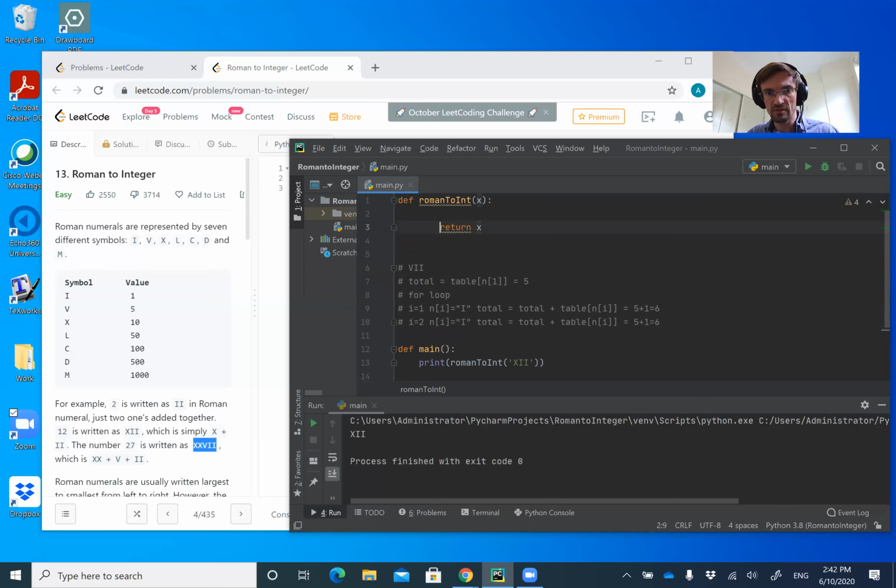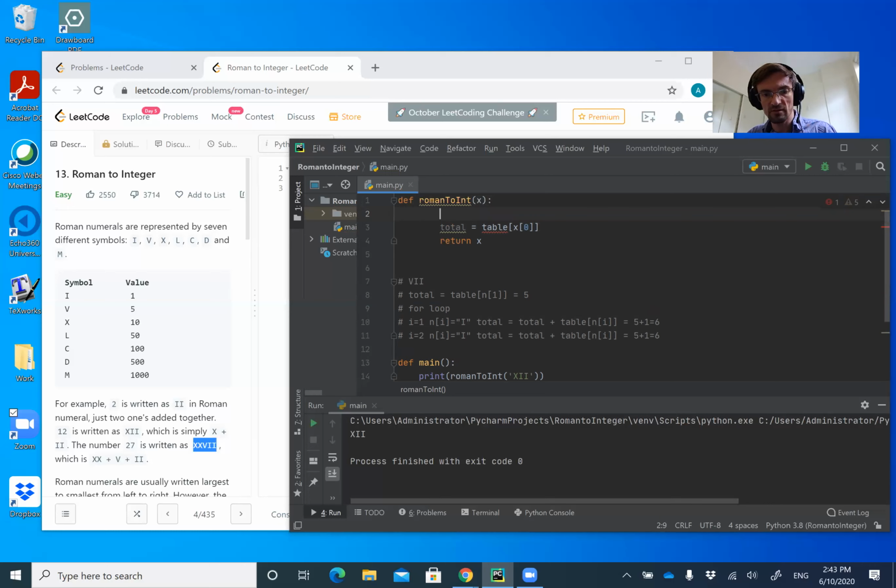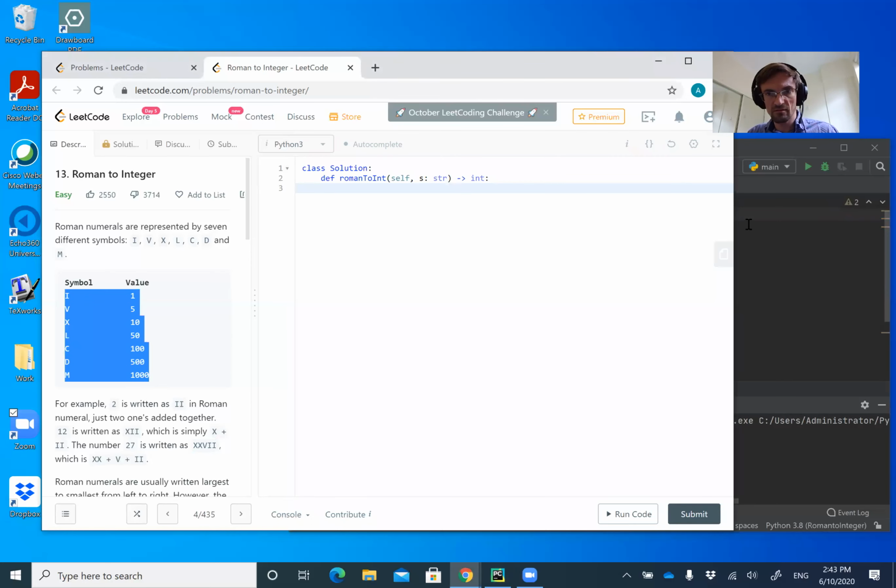So total is a table of s of 0. First we need a table, right? So that would be all of these.